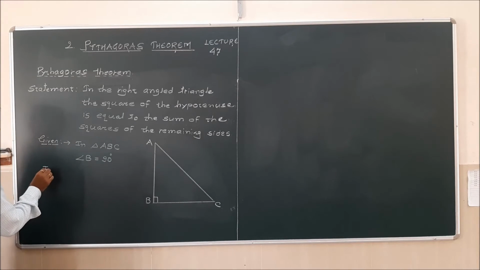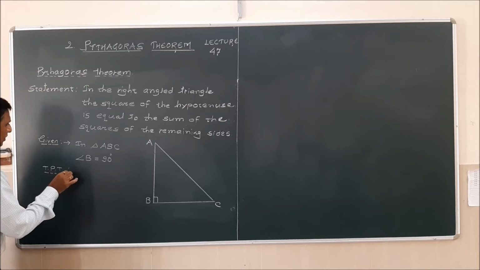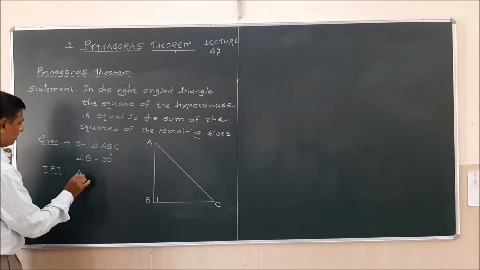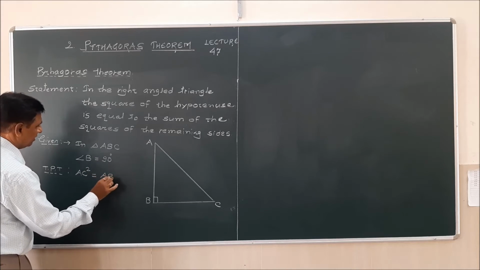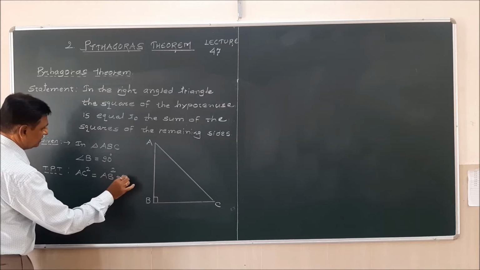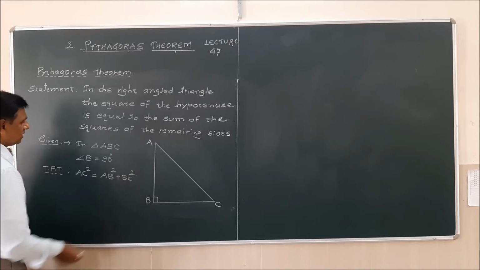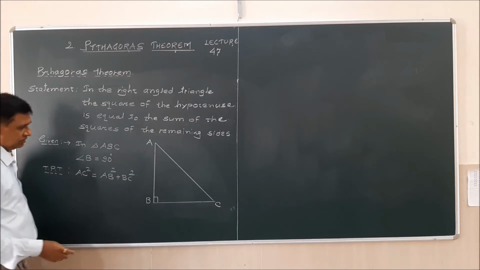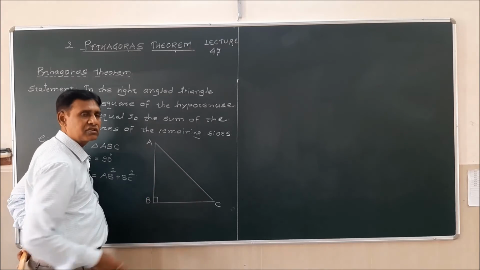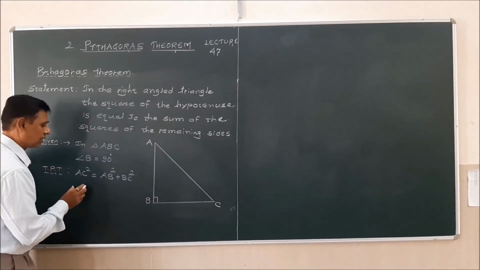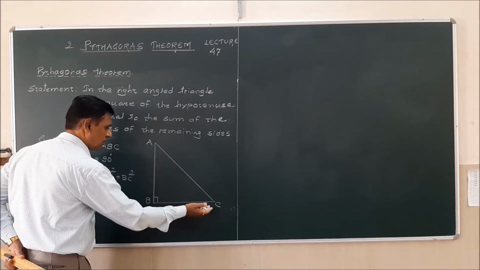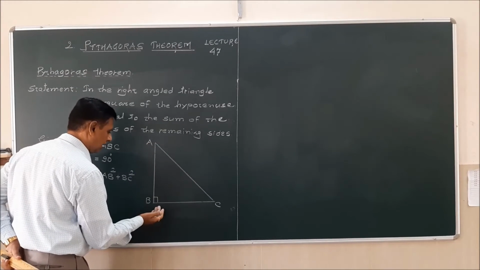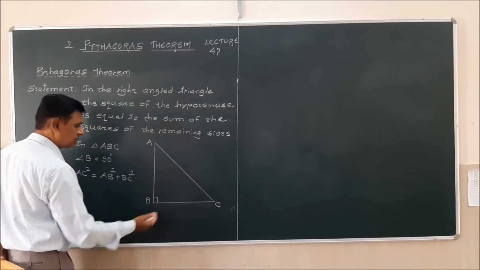To prove that AC square is equal to AB square plus BC square. So AC is the hypotenuse. Square of that, AC square, is equal to the sum of the squares of the sides AB and BC, so AB square plus BC square.